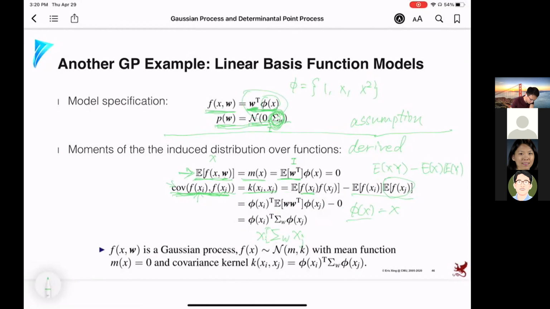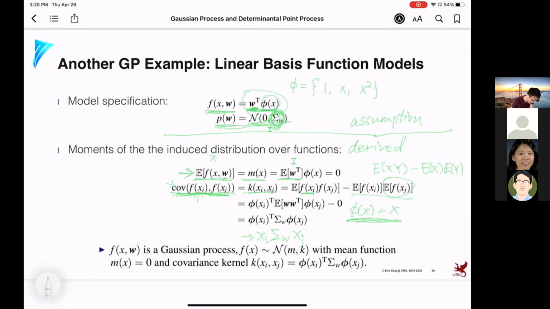So I say, if we assume this basis function is doing nothing, the identity function phi x equals x, the formula will be further simplified to this one, right? In that case, we actually don't need a transpose because it's just single dimensional.